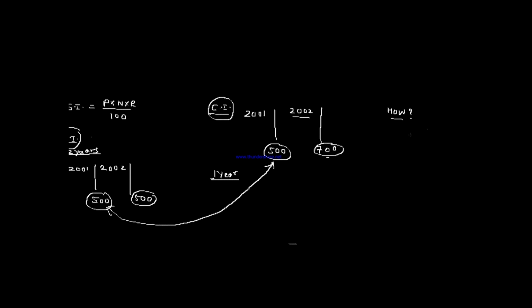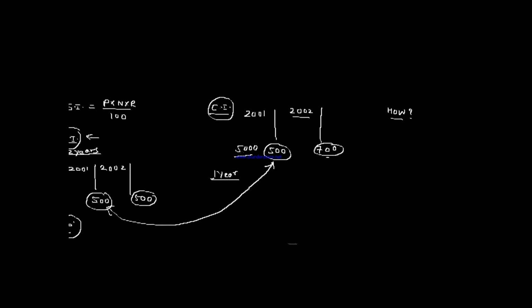Now guys, I'm talking about SI first of all. In SI, the interest remains the same because the principal amount remains the same. We calculate interest on the fixed principal amount. But in CI, let me take a little example. Suppose I have invested 5,000 rupees and I'm getting 500 as interest.